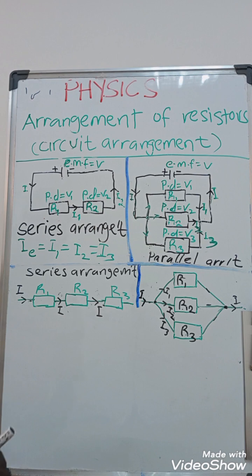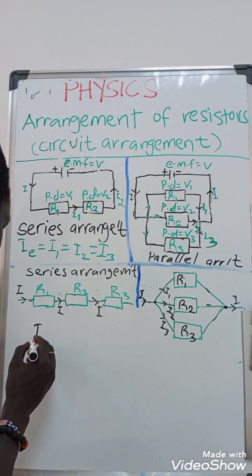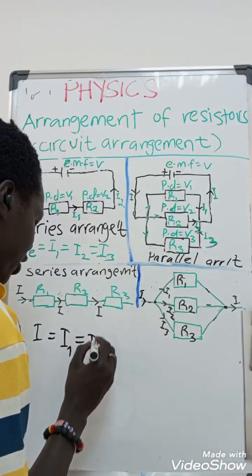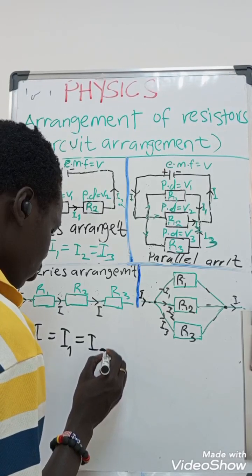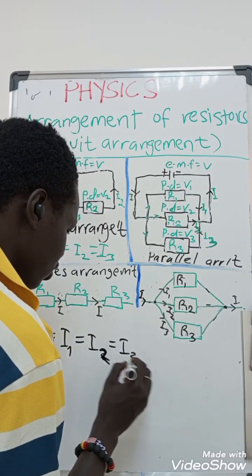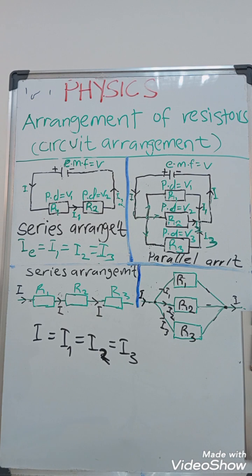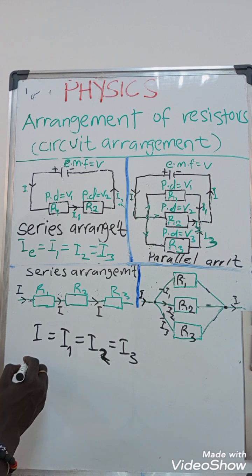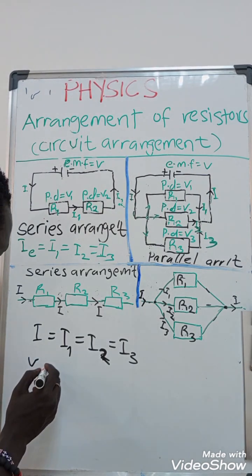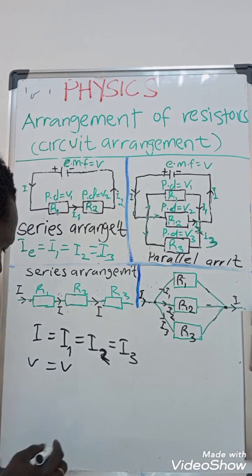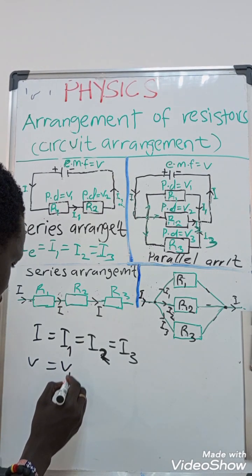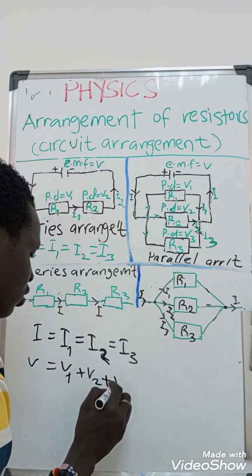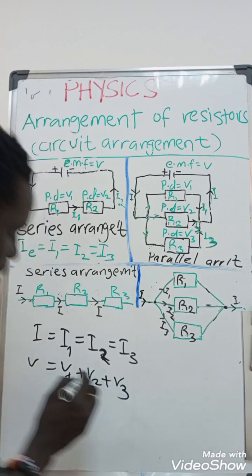In series arrangement, we said before, current is the same at all points across the circuit. And the potential difference across the whole combination is given by V1 plus V2 plus V3.